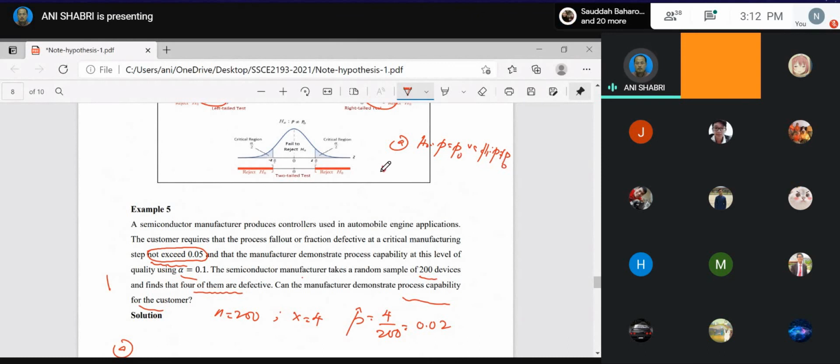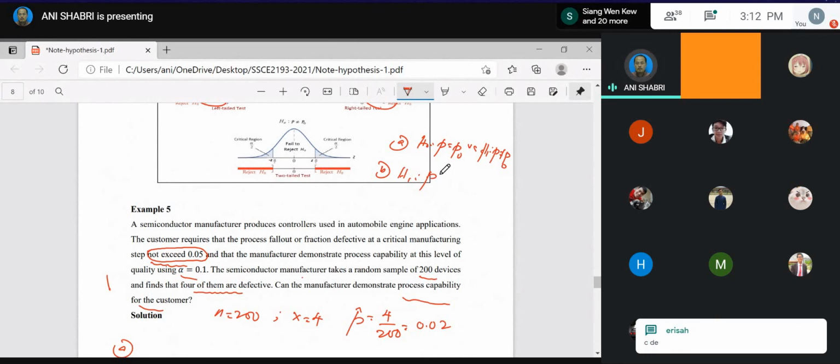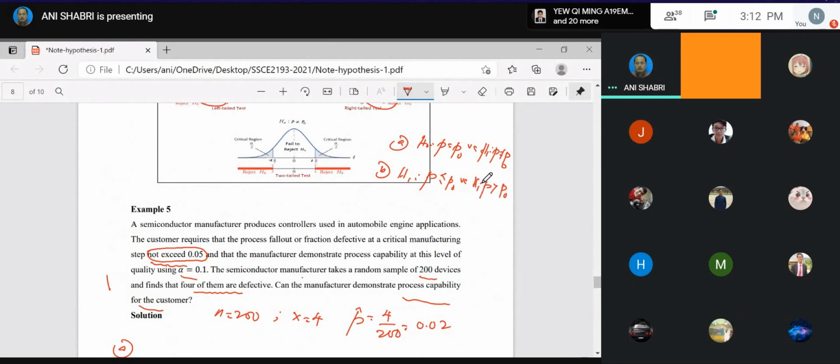Number B: H0, p less or equal p0, against H1, p greater than p0. Number C: H0, p greater or equal p0, against H1, p less than p0. Which one, number A, number B, or number C for this question?